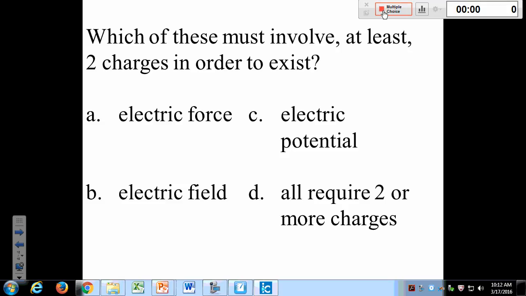That's also cheesy. Which of these must involve at least two charges in order to exist? The force, the field, the potential, or maybe all require two or more charges. I think if you can get this, you can sort of better understand the difference between force, field, and potential.